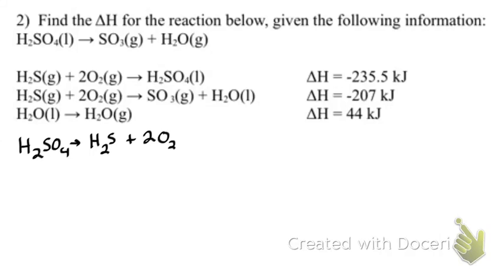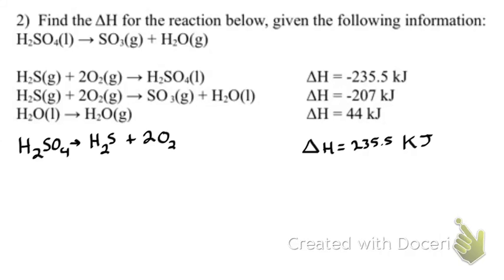Now, when we flip this reaction, we have to change the sign of the delta H. So our new delta H is actually 235.5 kilojoules. Okay, so when you flip the equation, like we did here, you have to flip the sign, like we did here.